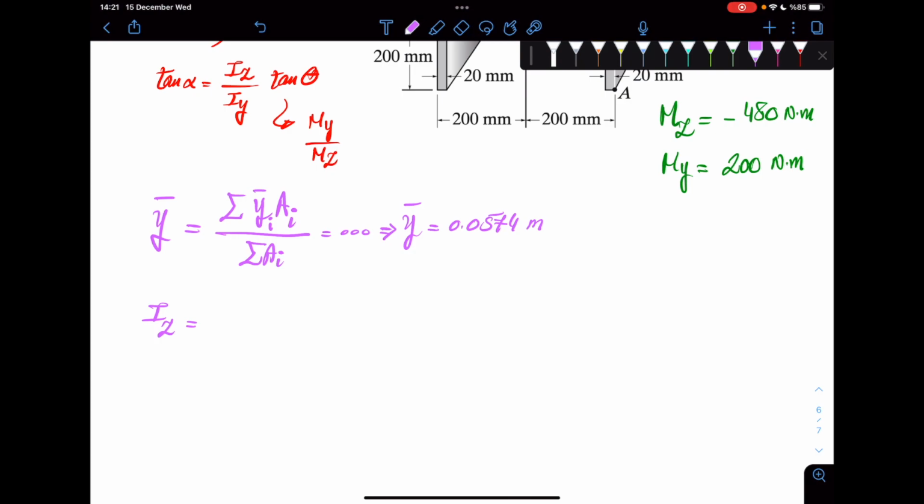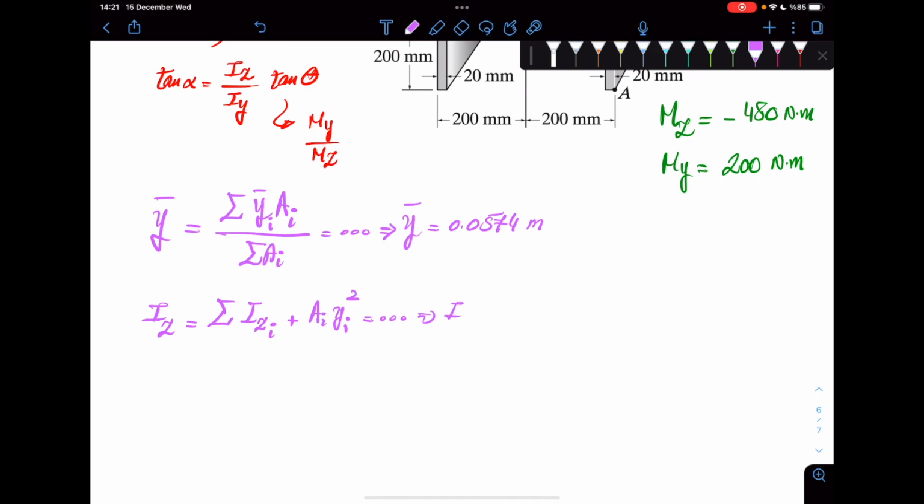Again, for Iz, you do Iz for each section plus that offset term. Let me just write it. This would be something like the sum of Iz for each part plus area for each part times distance for each part squared.